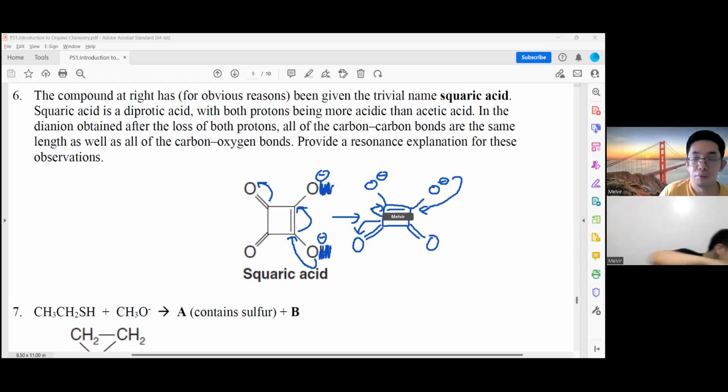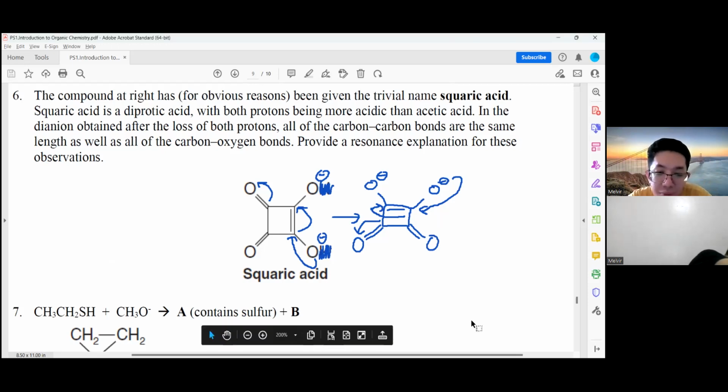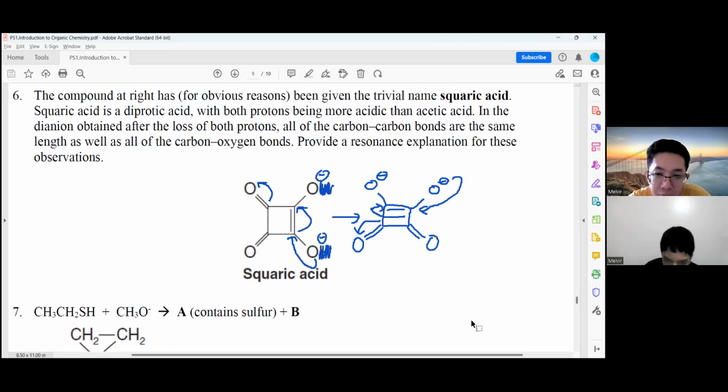Kasi maliit naman po si squaric acid, di ba po? So siguro posible po yung mga yan. O, dalawa pa lang yan.